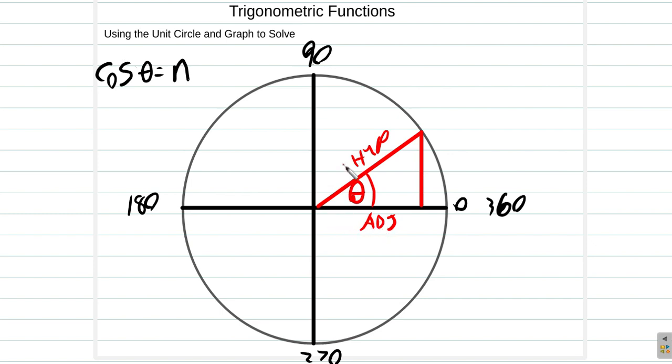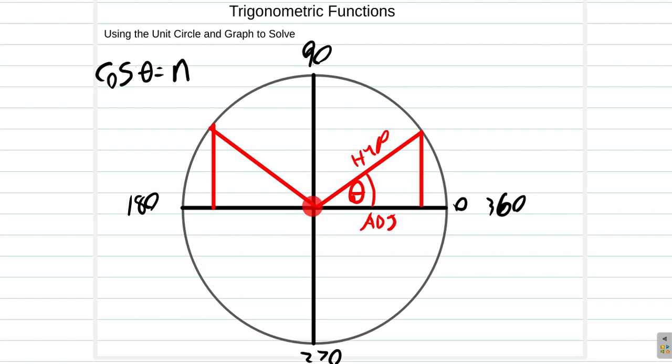Now, if you go into the second quadrant over here, I can tell you from now, if you find the adjacent divided by the hypotenuse over here, remember angles are measured from 0 in an anti-clockwise direction, at positive angles measured over here, you are going to get the same number, but it's going to be negative.